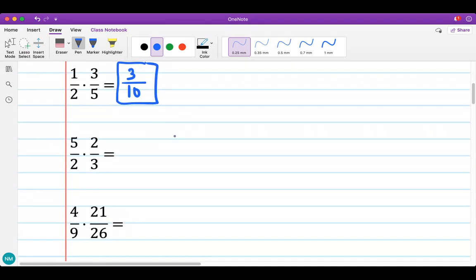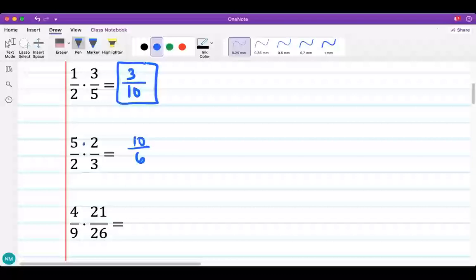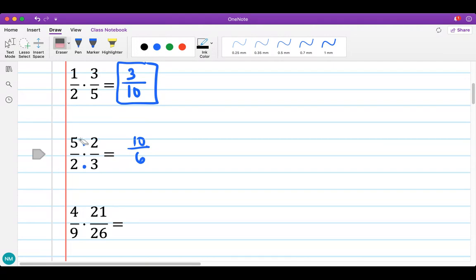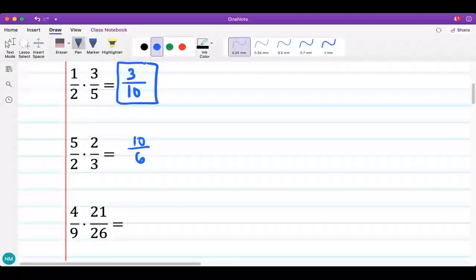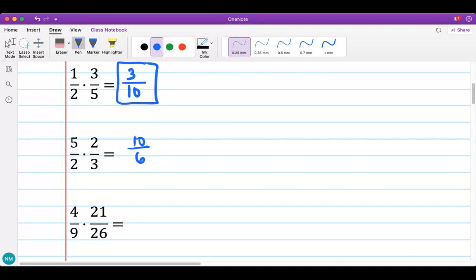But then we have something like this. Now, there's two ways we could go about this. We can multiply across and then simplify, which would be 10/6, which simplifies to 5/3 by dividing both by 2.